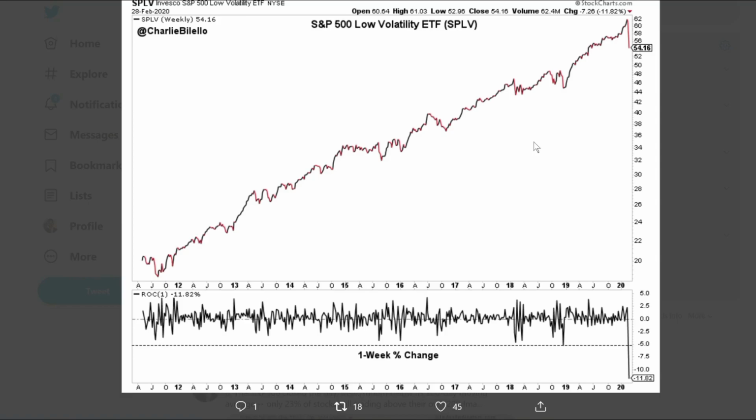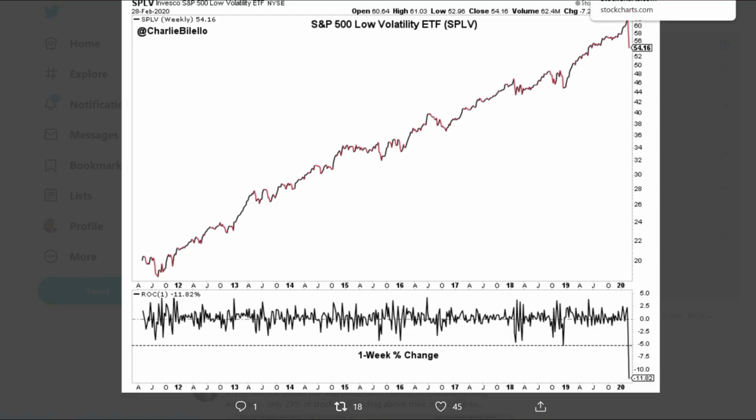I think getting too scientific or too clever about sectors and styles can lead to people thinking that they're smarter than they actually are. And we've got a case study of that here. So the low volatility ETF actually underperformed the S&P 500, but day to day, I'll show you this here.